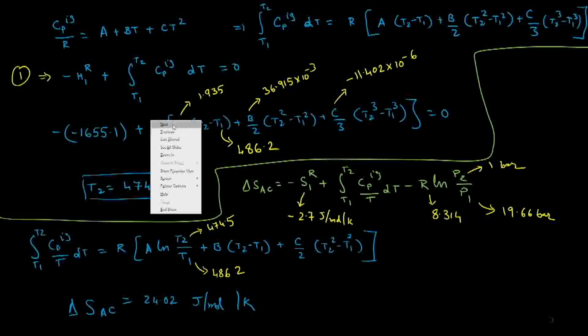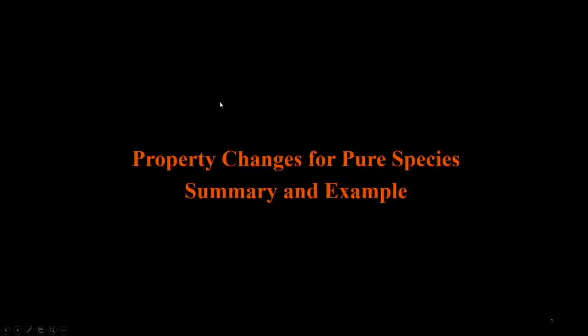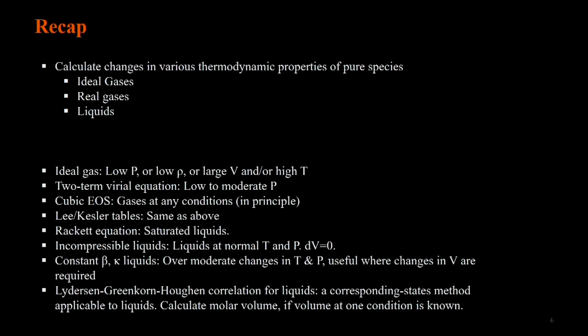So let's quickly summarize how we went about calculating property changes for pure species. Let's recap what we have done so far for a variety of cases. We have used ideal gas expressions. That's the simplest way to calculate the property changes if, of course, such a condition is applicable.